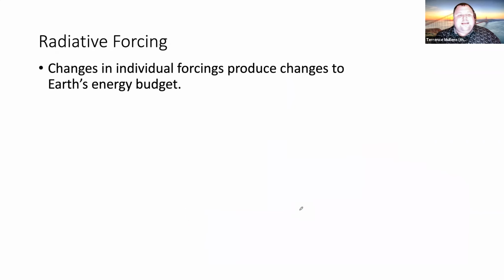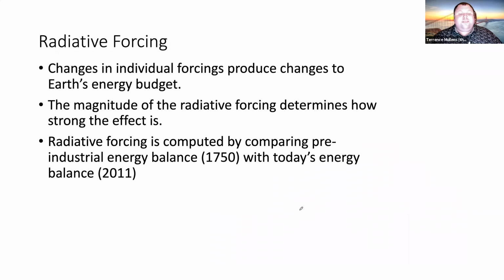Now, that being said, each one of these is actually compared to the year 1750. So basically what climate modelers have done is reconstruct Earth's energy budget for the year 1750. This was before the greenhouse effect had a big enough effect, before humans had really any major impact on Earth's system.